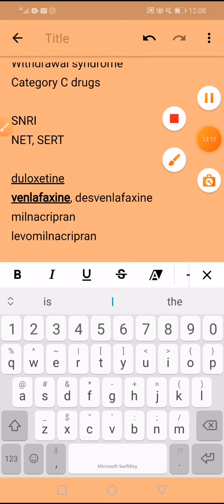But the specific additional indication for the SNRIs and also the TCAs, because both of them are actually having an effect on norepinephrine too, is that they are also additionally used for the treatment of various chronic pain conditions. Okay? For this particular indication, duloxetine is actually FDA approved for the treatment of chronic joint and muscle conditions.